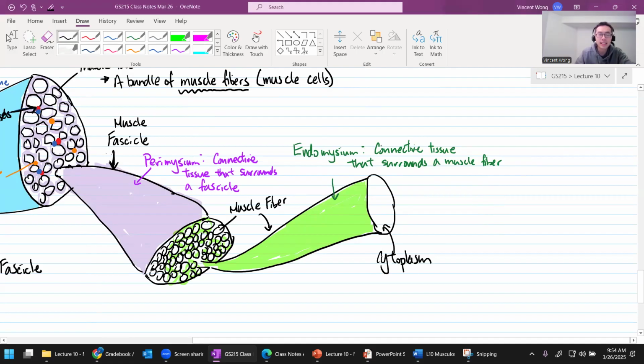But one very distinctive component of a muscle cell compared to other types of cells is that throughout the cytoplasm, they have these really, really long fibers. And this is the last time we're going to pull things out. I'm not going to draw anymore. Okay, so let's take one of these things out.